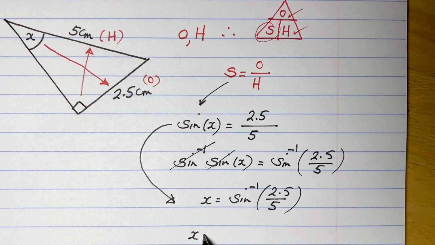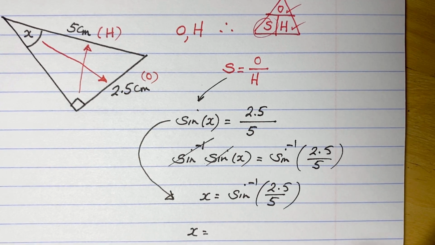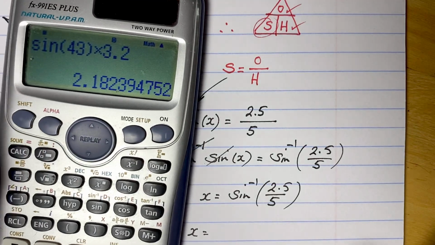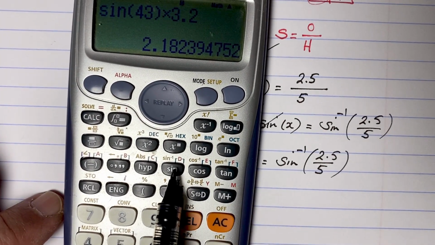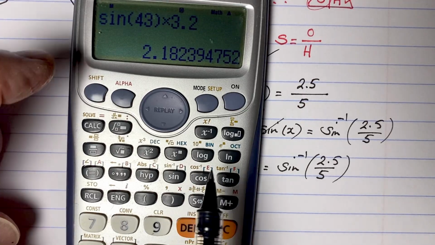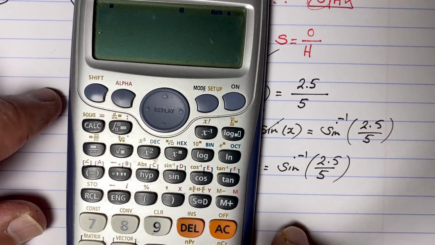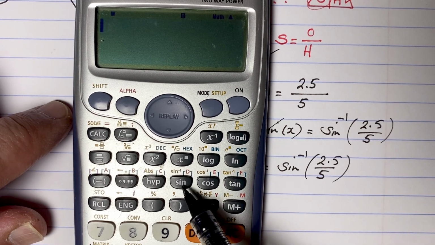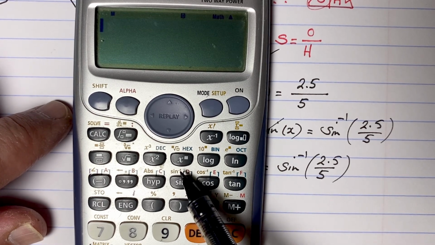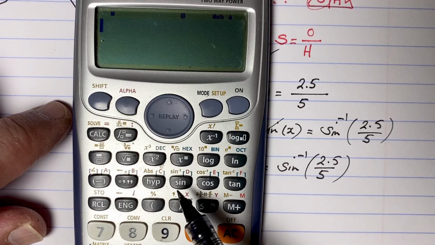Question is, how do I access that symbol on the calculator? If you look here, locate sine. We cancel the information already on the calculator. Look at sine. Above it, in gold, written sine minus 1.